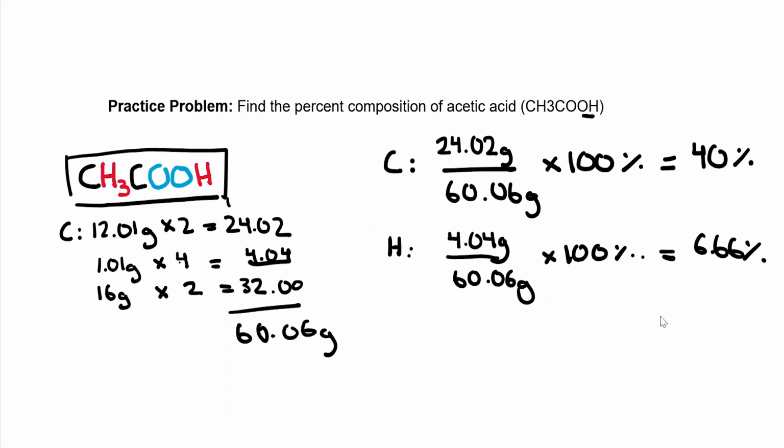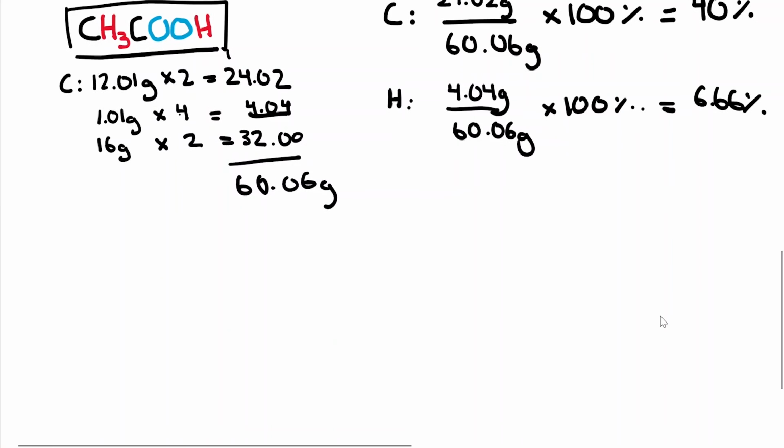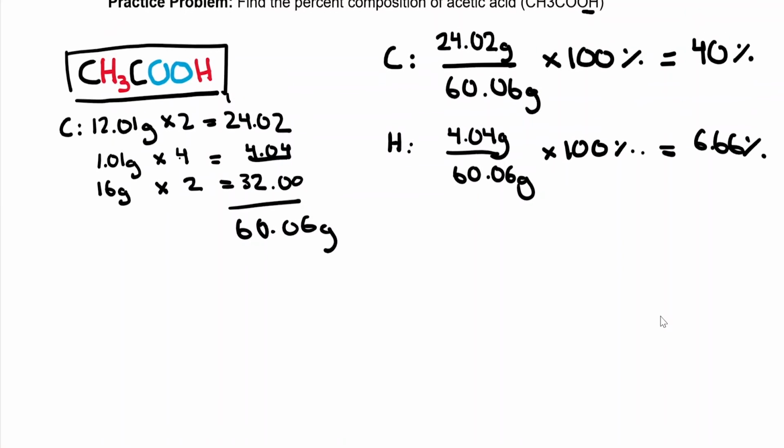That should be what we get there. And finally, we have oxygen. And oxygen, we determined that's going to be about 32 grams. So 32 grams of oxygen divided by 60.06, multiplied by 100%, and that should give you 53% in that ballpark.